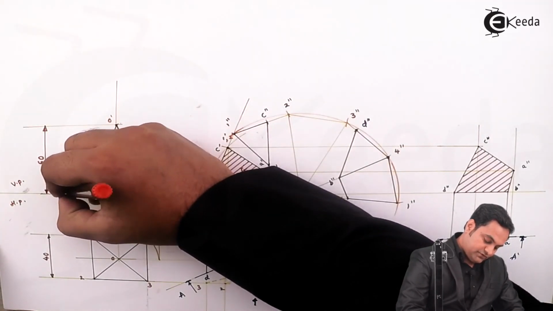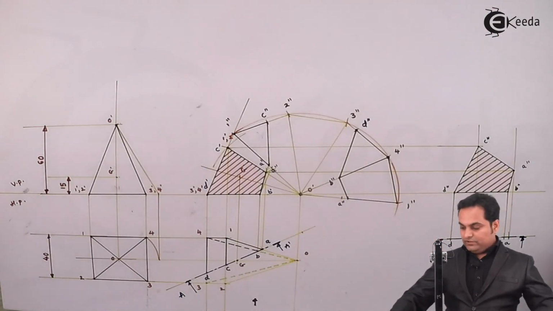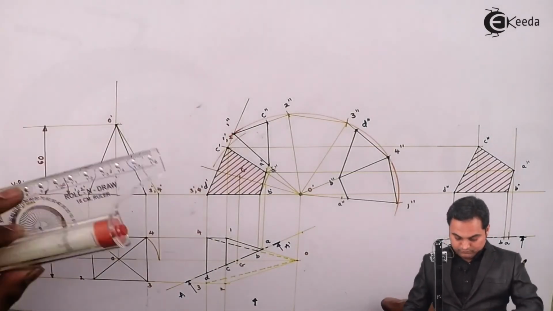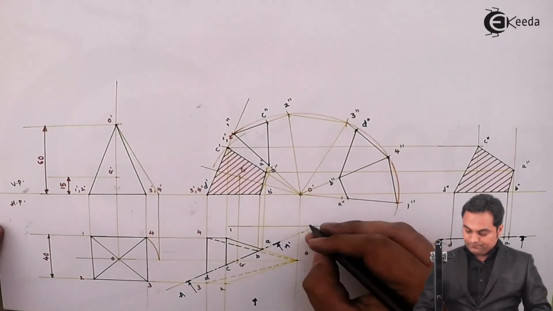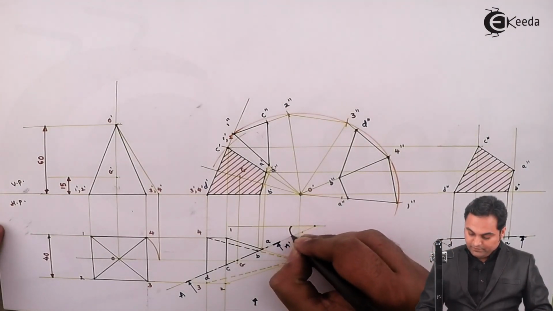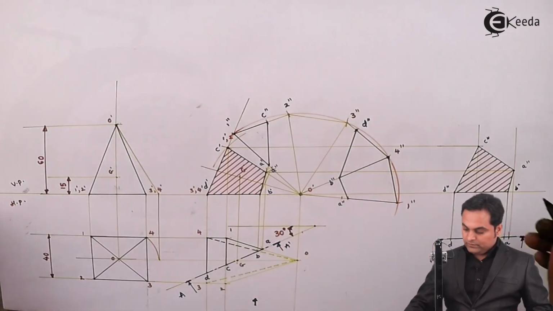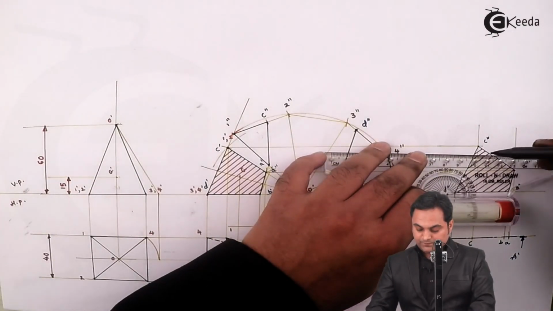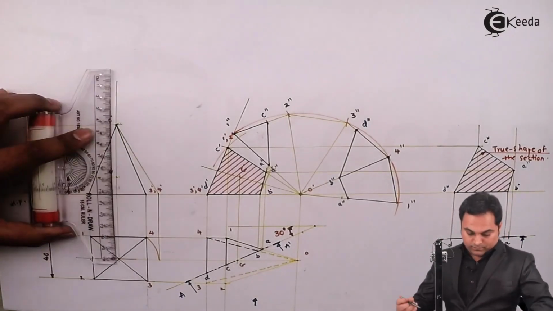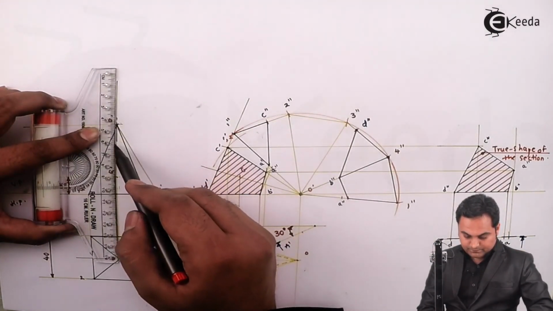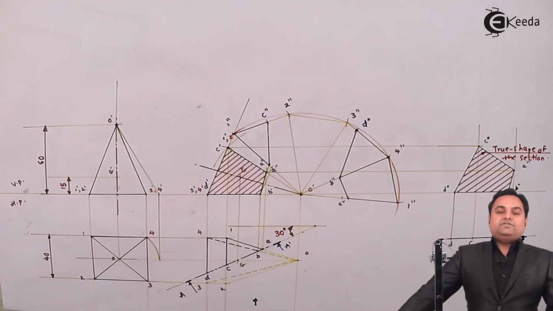This is the location of center of gravity at 15 mm from the base, and the inclination of the cutting plane was given, inclined at 30 degree to VP seen in HP. And this is the true shape of the section. Here I'll draw the axis. And with this, we complete the problem.